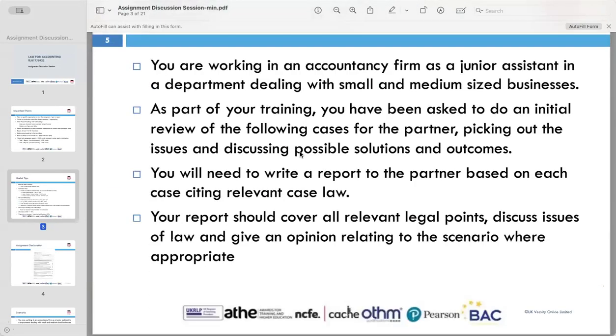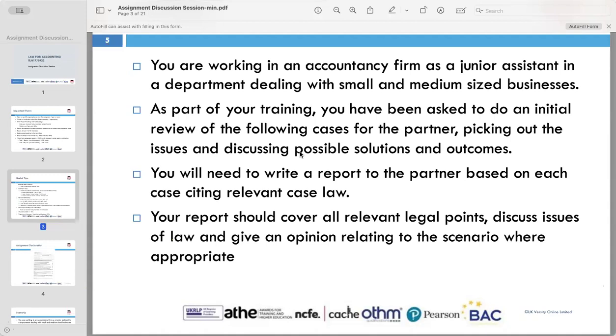You're working in an accountancy firm as a junior assistant in a department dealing with small and medium-sized businesses. So basically, you are working in a company that helps small and medium-sized businesses with their finances. As part of your training, your seniors or the partners want you to look into some cases.